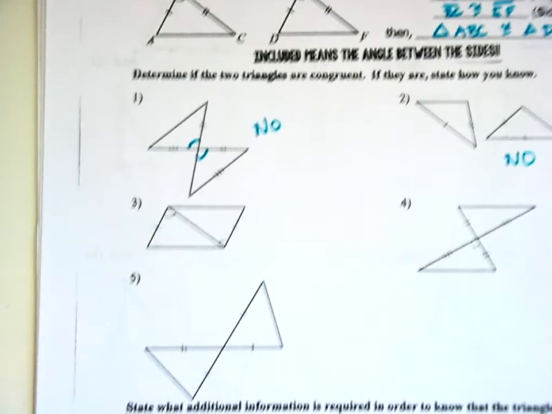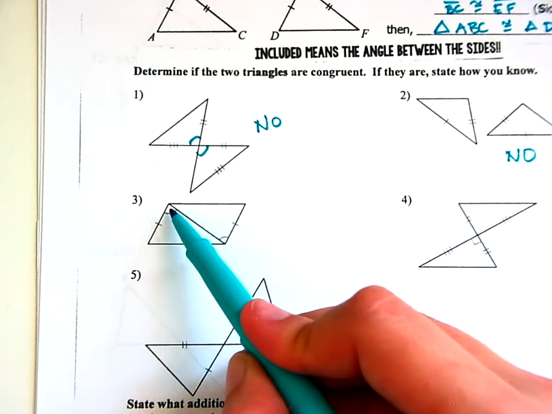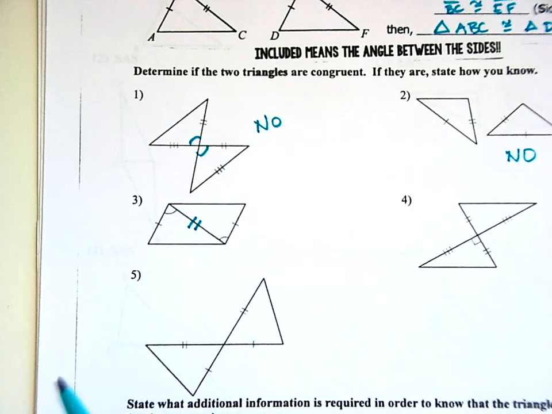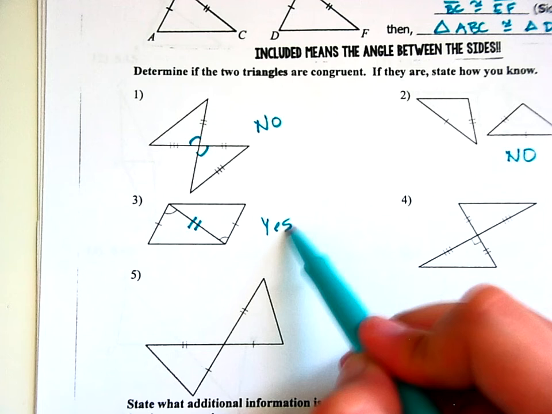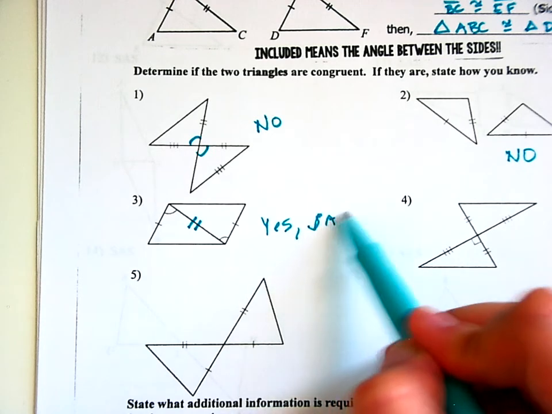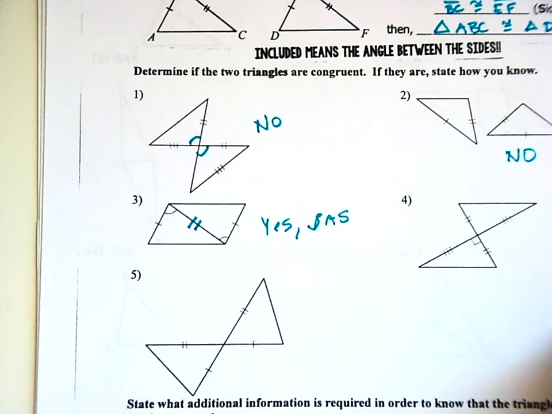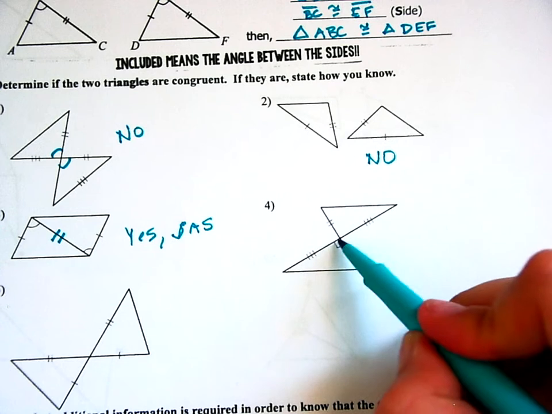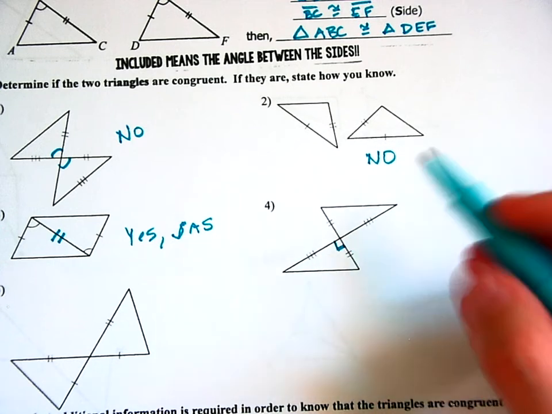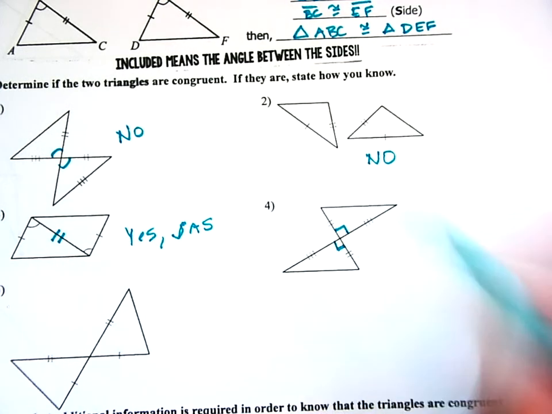All right, next one, we've got a side angle, and then again, if they share a side, we know that's congruent. So we've got side angle side. So yes, side angle side. That is one of our congruencies. Next one, okay, so I have a right angle labeled here, and then the vertical angle to that has to also be a right angle.